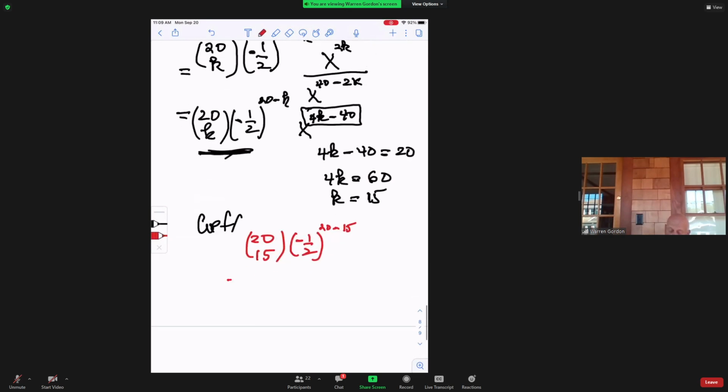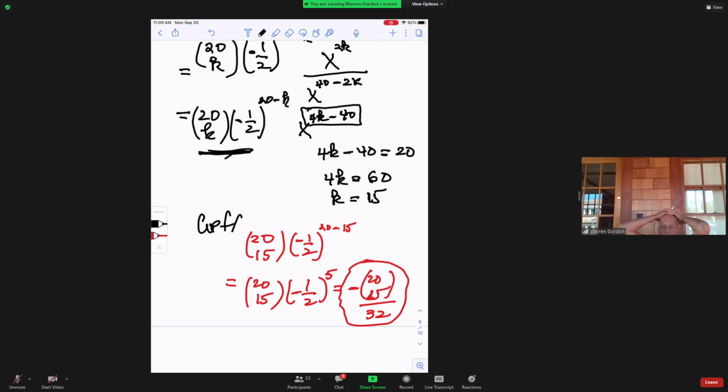So this coefficient is equal to 20 choose 15, minus 1/2 to the 5th. That'll give me a minus 20 choose 15 over 2 to the 5th, 2, 4, 8, 16, 32. Of course, I can now simplify this answer. The problem is now solved.